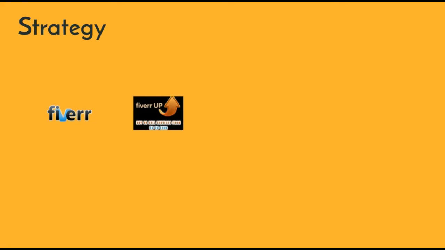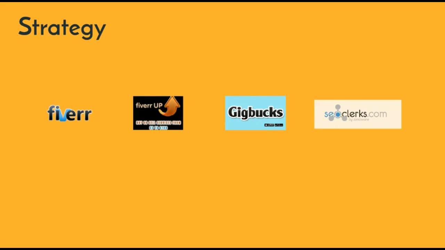Let's say you post your profile and offer your services on 4 different platforms. Your first preference is to write web pages, so you offer this gig on Fiverr and 3 other sites like Fiverr.